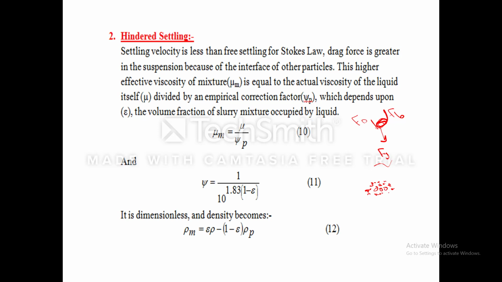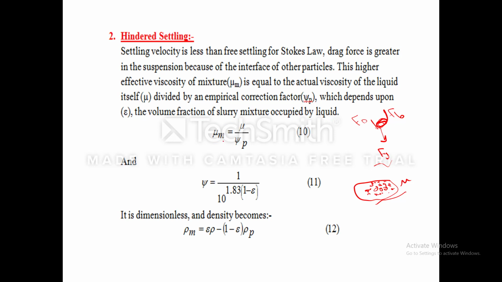So drag force will vary in this case, and drag force will be greater in the suspension because of the interference of other particles. This gives a higher effective viscosity of the mixture. So viscosity will also vary here. Mu mixture is equal to the actual viscosity of the liquid itself divided by an empirical correction factor psi p, which depends upon porosity, or the volume fraction of the slurry mixture occupied by liquid.